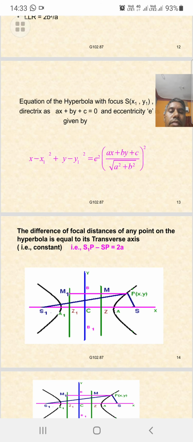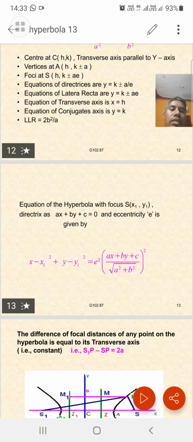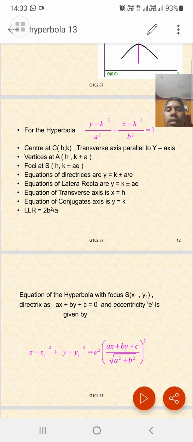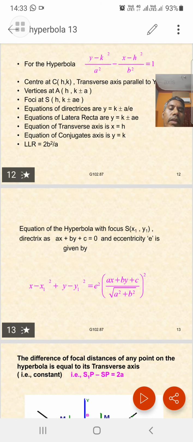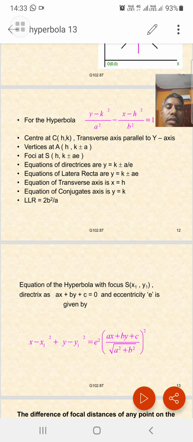This equation is useful for the three conic sections: parabola, ellipse and hyperbola. If the data is given like focus, directrix and eccentricity, it is useful to find all three equations. So this formula is common for the three conic sections.